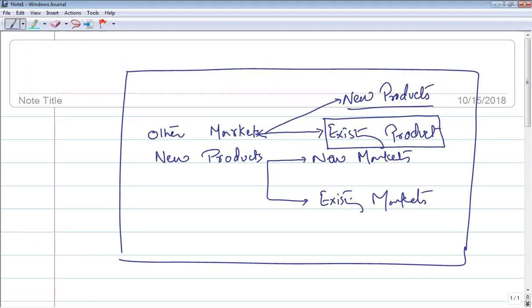And sometimes we may not want to enter a new market and we want to continue with our existing market, because the customers in our existing market will know us better than anyone else. They may be our old customers, very loyal customers to us because we may have been providing them with better quality products. So we want to offer them new products so that we can encash our existing goodwill.